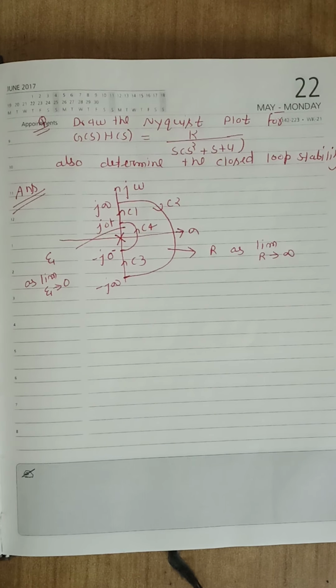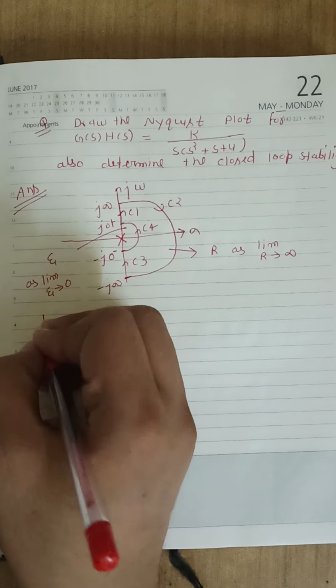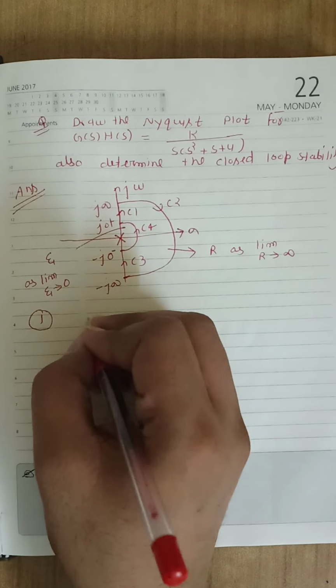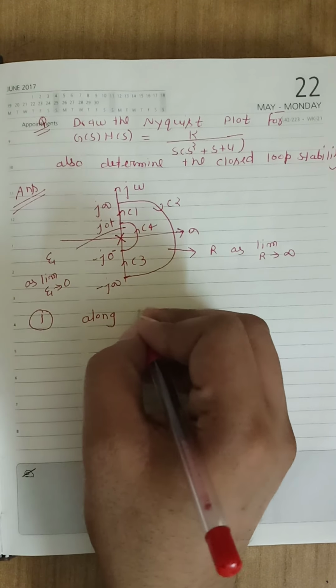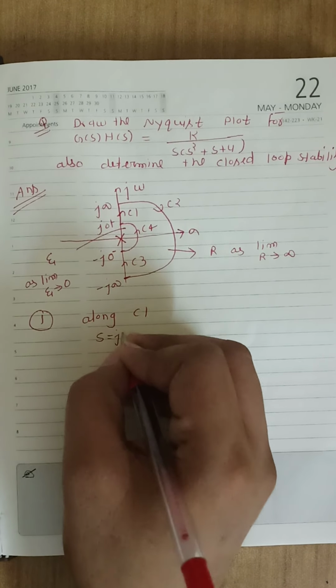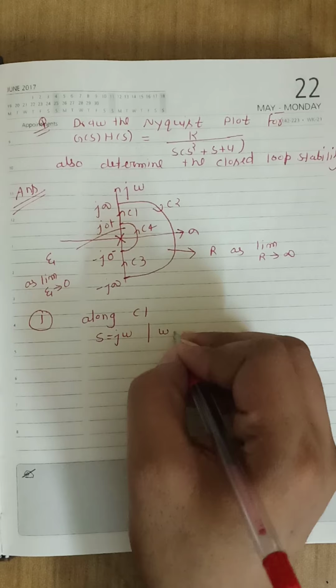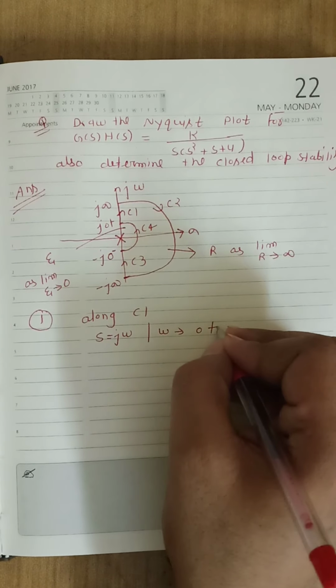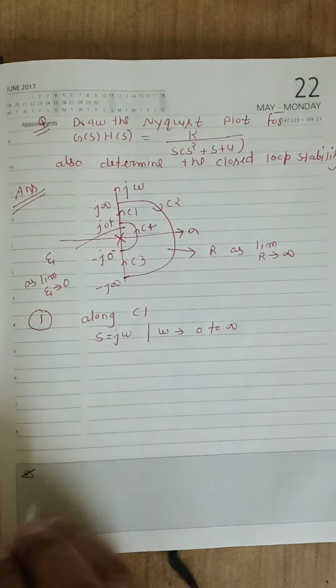So in the next step we will map all sections of the Nyquist contour from the S plane to the GH plane. Let us consider first section C1. Along section C1, S equals j omega, and omega varies from 0 to infinity, or 0 plus to infinity.